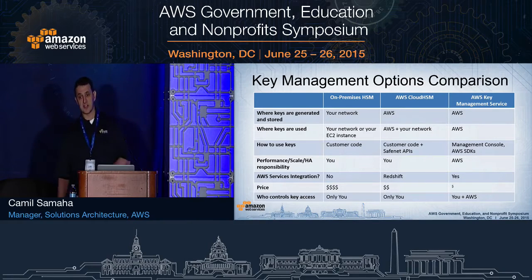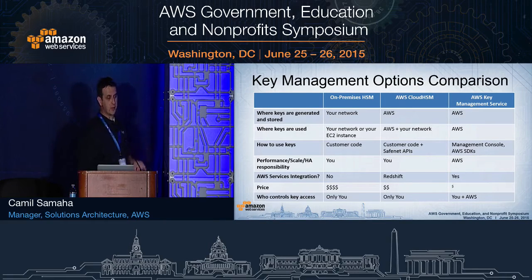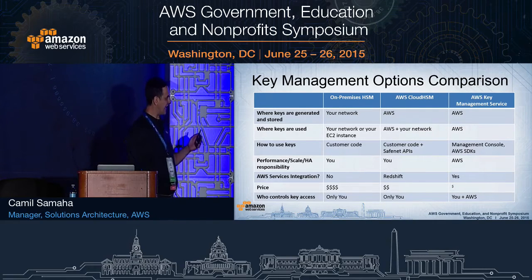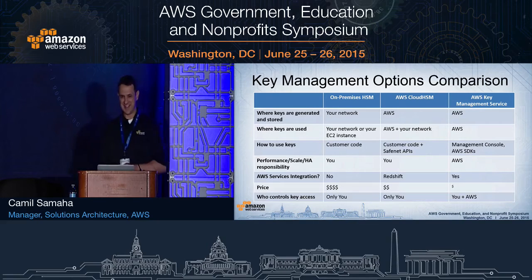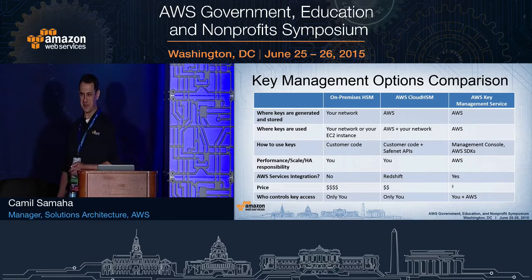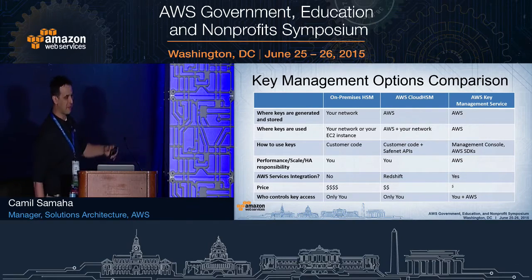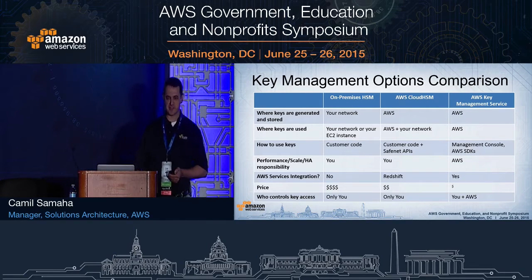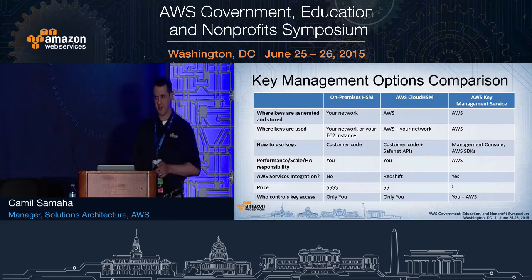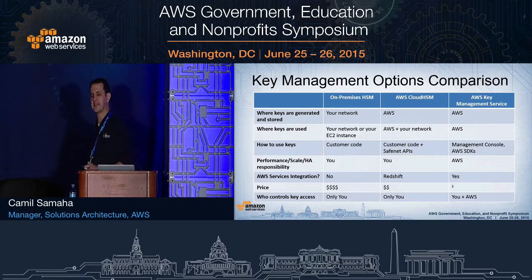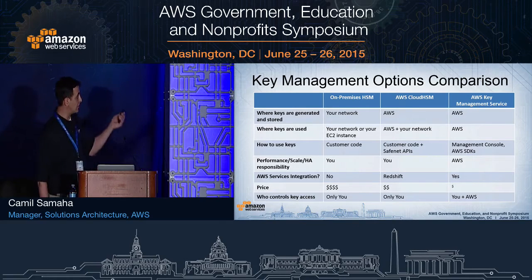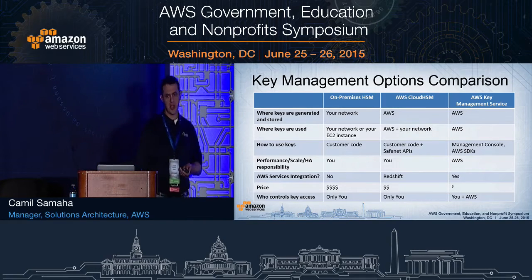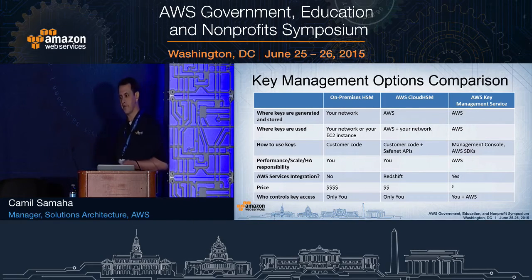Now, one thing I didn't touch upon, and a lot of what's listed in this table we've already talked about, but I tried to use as small a font as I could and make it still visible, and that's in the price row under the AWS Key Management Service. And that's the dollar sign. With KMS, relative to the on-premise HSM or the CloudHSM solution, it's definitely a lot more affordable.